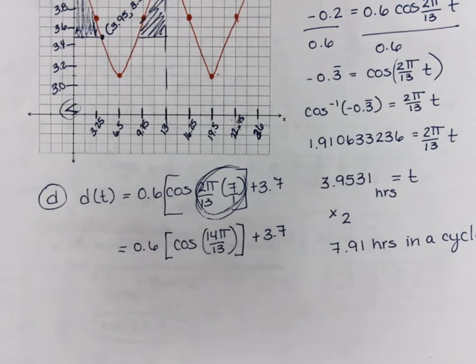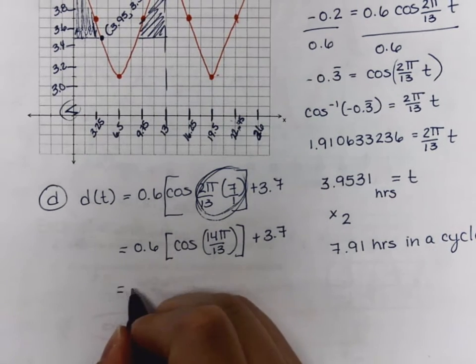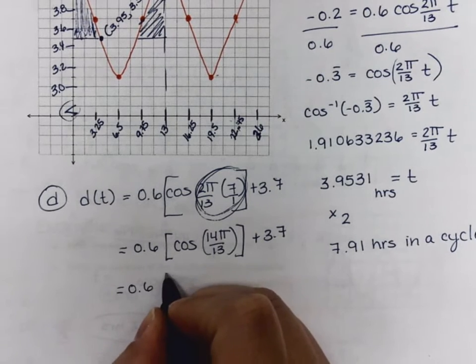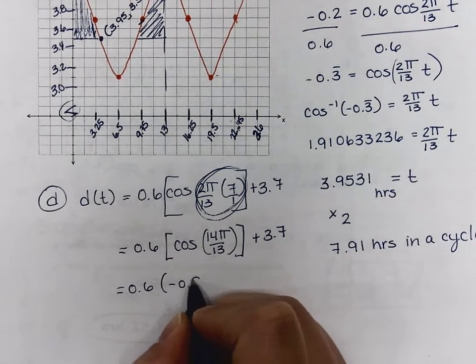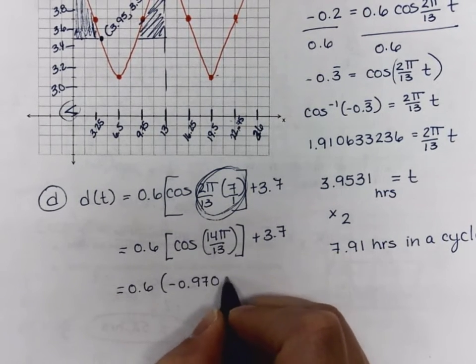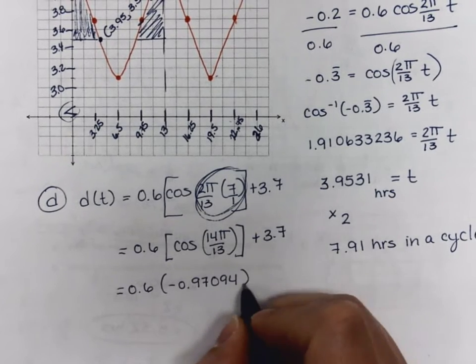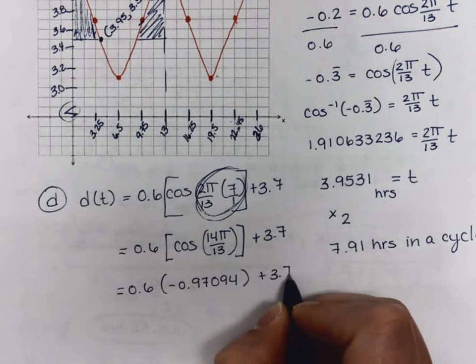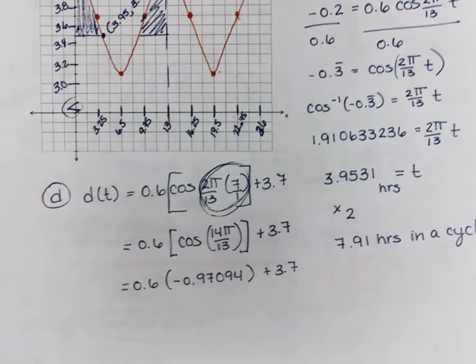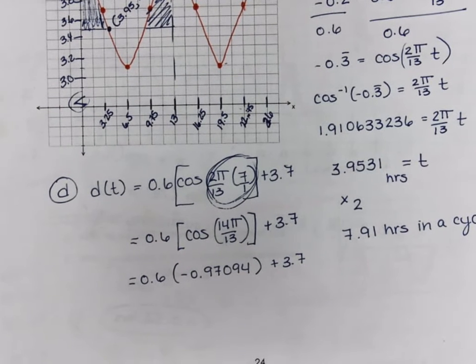So no second function, just straight up cosine. You're just doing straight up cosine.